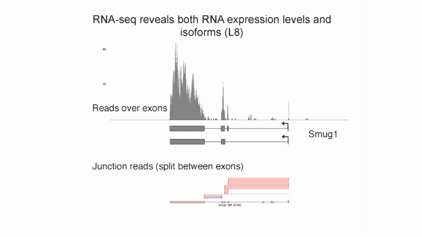And secondarily, what isoforms are being expressed? The second sets of reads you see up on the screen are split reads that cross splice junctions. And so by looking at how reads align to the genome, we can figure out which particular exons are included or excluded from a particular transcript.